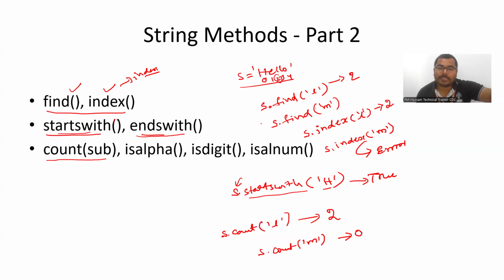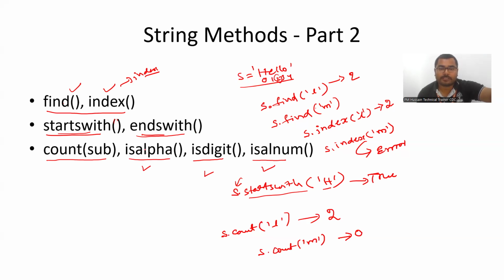Okay, and you can also check whether that string is having all alphabets or not, all digits or not, or a mix of alphabets and numbers or not. If you want to check, then you can use the isalpha, isdigit, and isalnum methods. isalpha will check whether a particular string is having only alphabets.